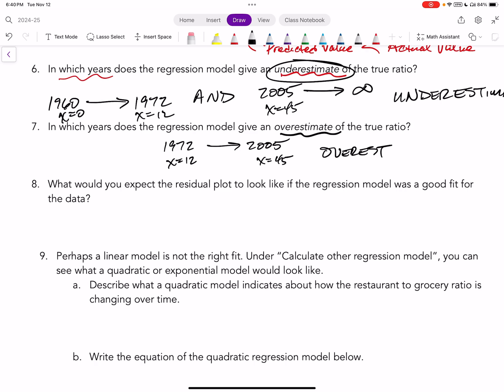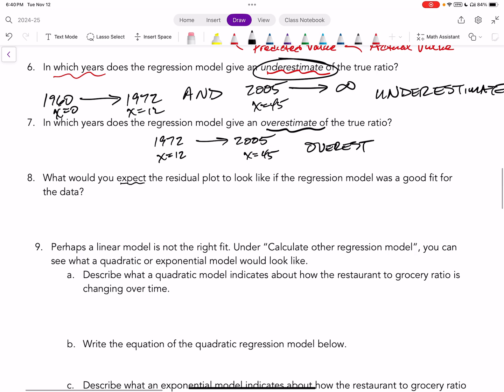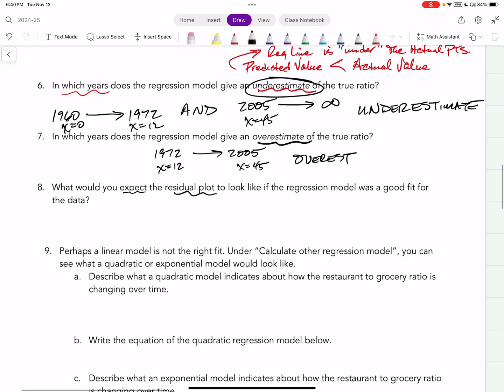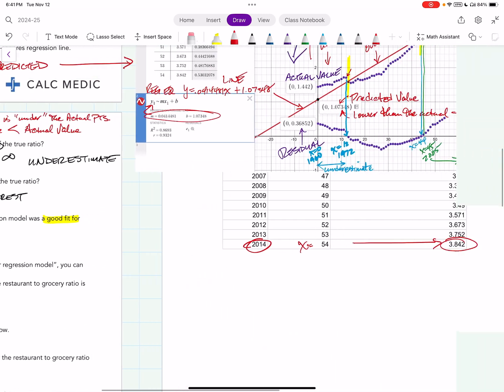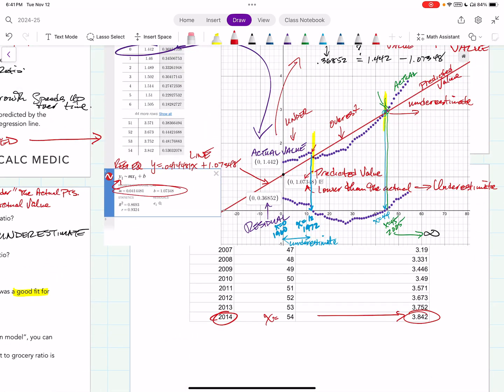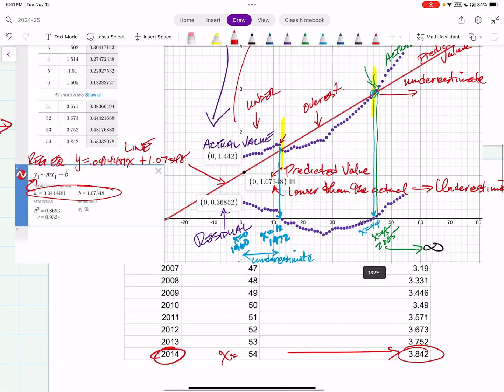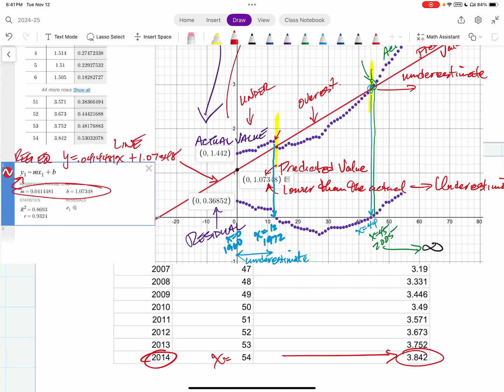All right, what should you expect the residual plot to look like if the regression model is a good fit? Okay, so good fit for the data. Well, to be honest with you guys, I don't know how you would know this without some experience in stats. But this line is obviously not a good fit for the data.